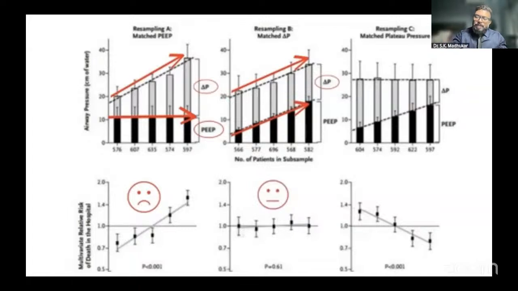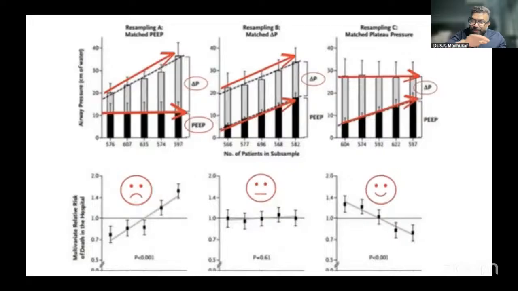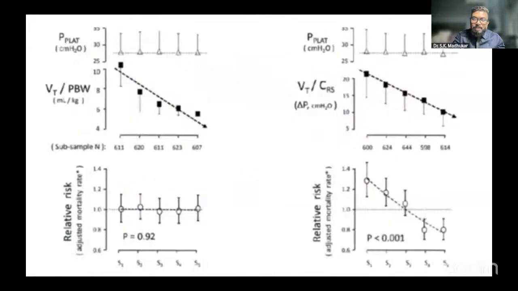Third, if you increase the PEEP, keeping the plateau pressure normal, that means you are decreasing the driving pressure, then it has got certain survival benefit. So we know that keeping driving pressure low gives the survival benefit to the patients during mechanical ventilation.